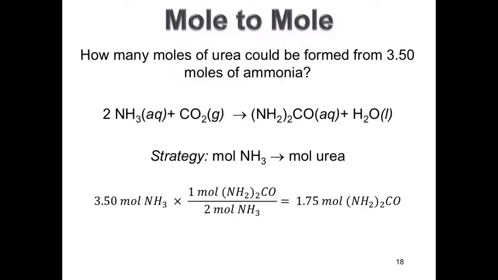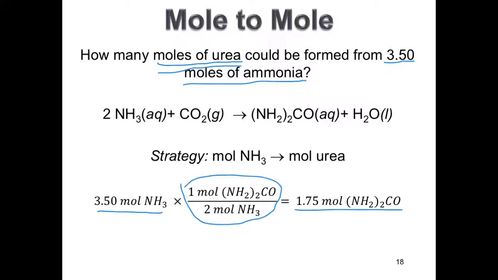The strategy is to go from moles of the known, 3.5 moles of ammonia, that's the known, to moles of urea, which is the unknown. So we're going to start off with the 3.5 moles of ammonia, multiply it by the molar ratio to get the number of moles of urea.